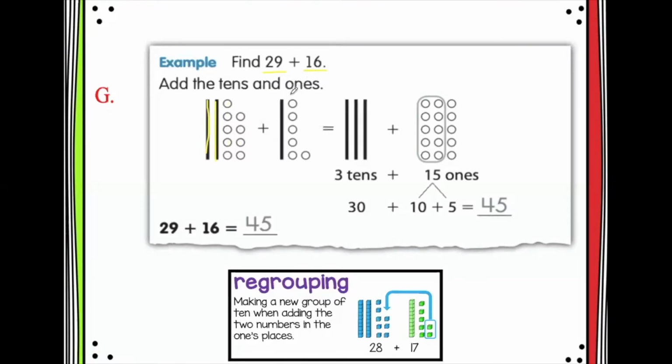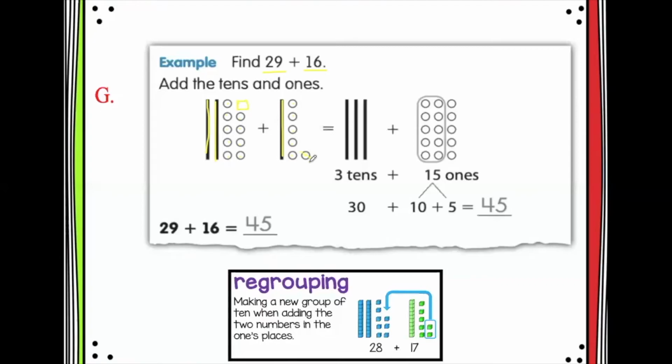To show 16, they drew 1 ten and 6 ones. 1, 2, 3, 4, 5, 6. Now, just by looking at the drawing, 9 is closer to making a full group of 10 than 6 is. So in this example, I'm going to draw where our missing ones cube is, or one circle, to make a group of 10.